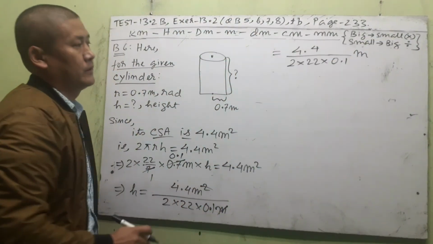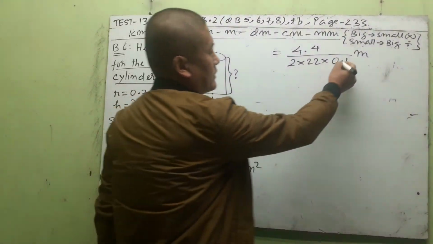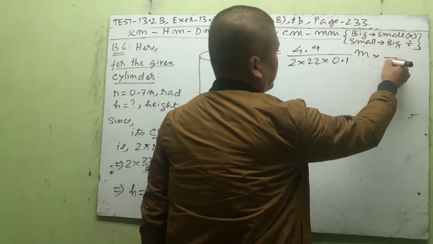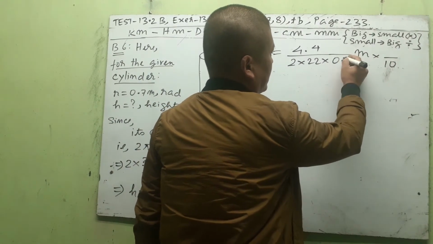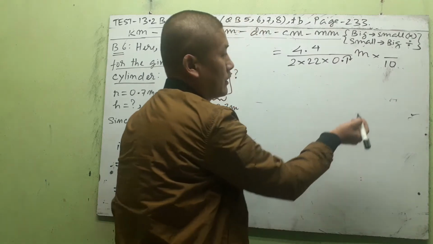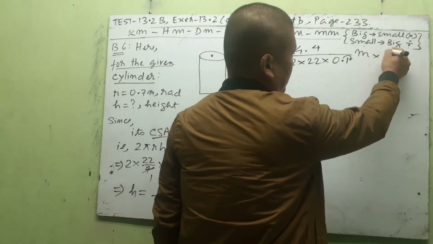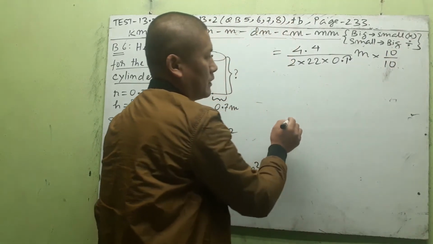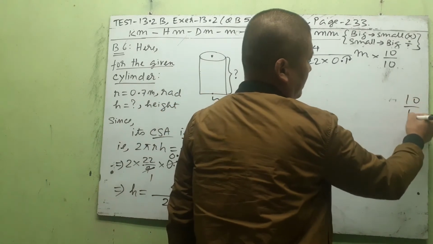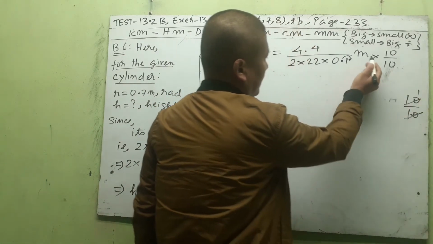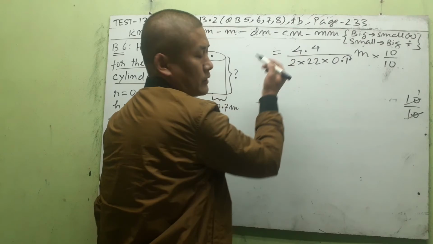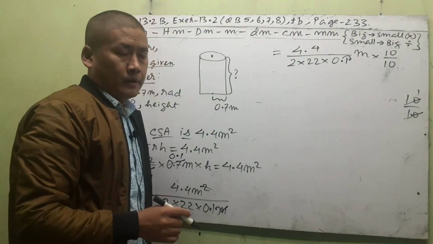Now, since there is a decimal in the denominator, we may like to remove it. So multiply by 10, then the decimal will shift to the right and disappear. 1 place needed, so only one 0. Up also the same thing. So that way, 10 by 10 means 1. We're still multiplying by 1, so this equal sign is unaffected, right?